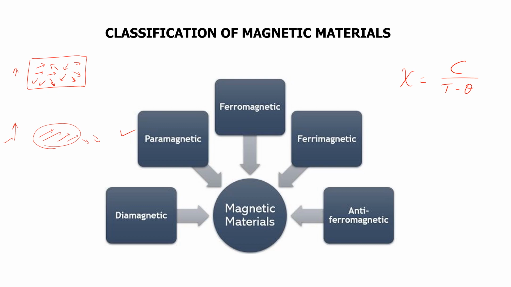Whereas for the case of ferromagnetic, in the beginning it is similar to a random arrangement. Then when I apply the magnetic field along this direction, all the spins will align perfectly along the applied field direction, which means this is very, very strong.